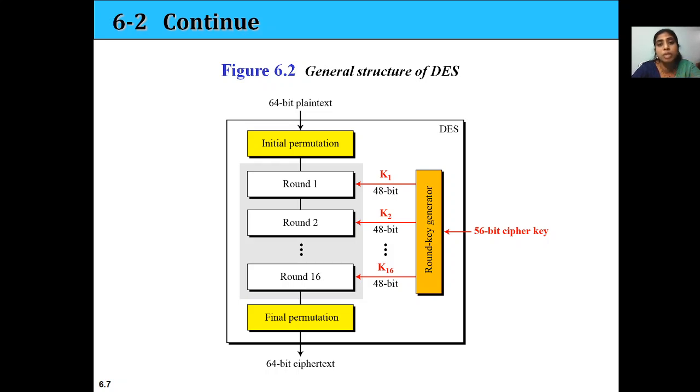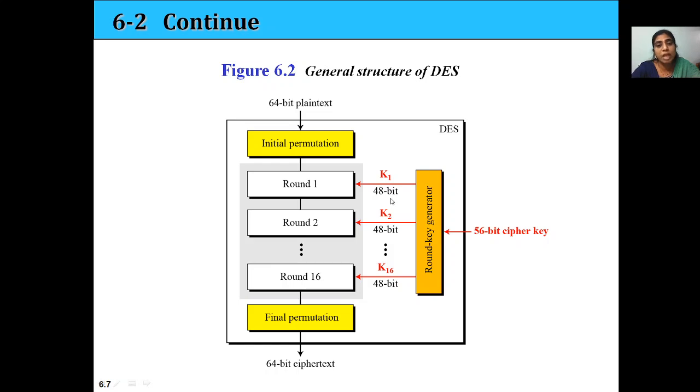That is the initial permutation. Then the outcome from the initial permutation is given as round 1. In this round 1 function, we have the expansion function, S boxes and so on, and we XOR with the key of 48 bits.